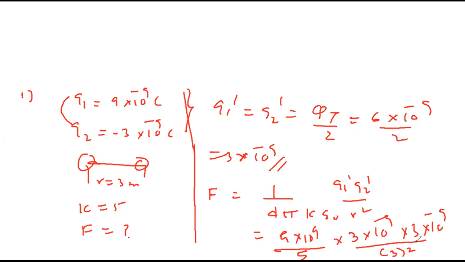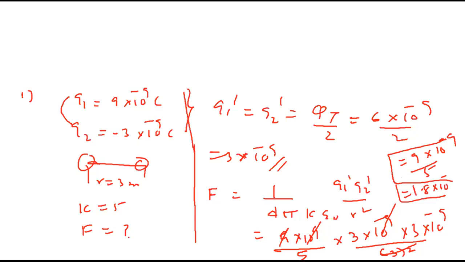Now 3 square means 9, 9 I can cancel. 10 raised to minus 9 plus 9 I can cancel. 3 into 3 is 9 into 10 raised to minus 9 upon 5. That will become 1.8 into 10 raised to minus 9 Newton.